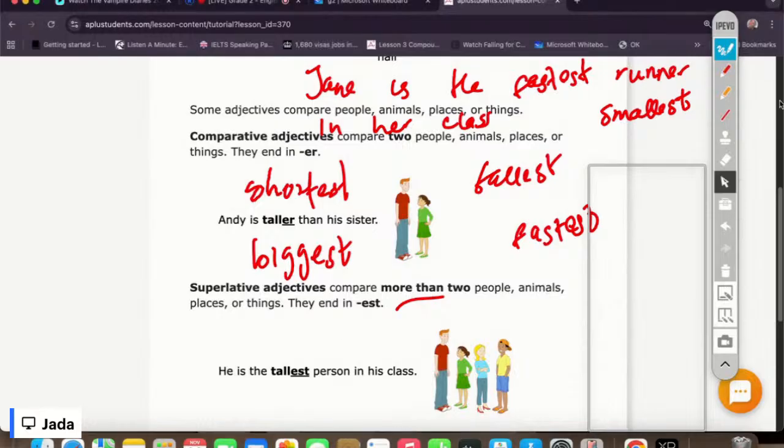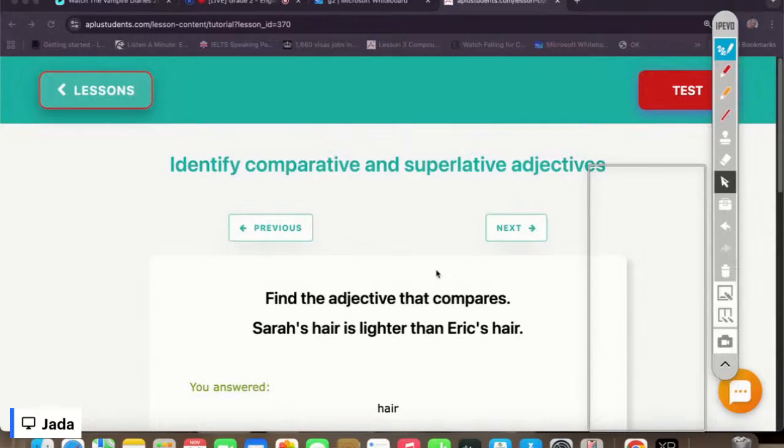Okay. All right, so let's look at some examples now. Find the adjective that compares. So look at this sentence here. We have Sarah's hair is lighter than Eric's hair. So from this sentence, can you tell me what is the adjective that compares here? What is the adjective here?